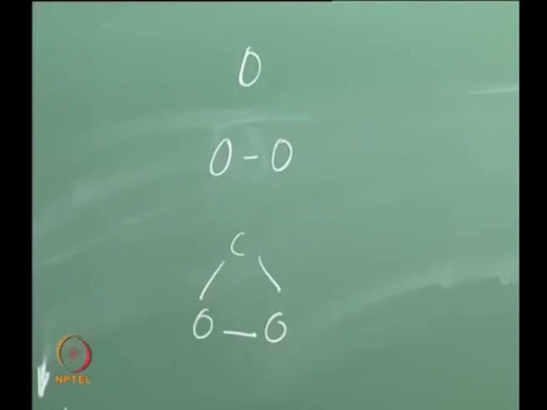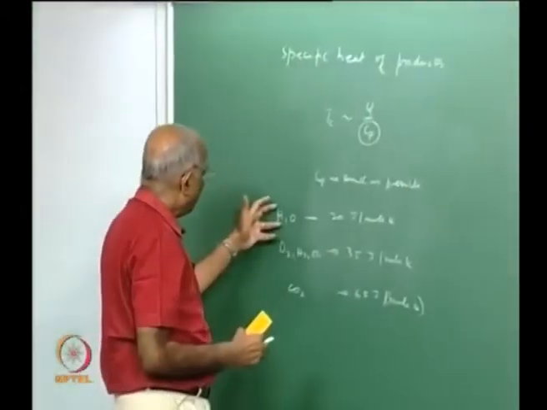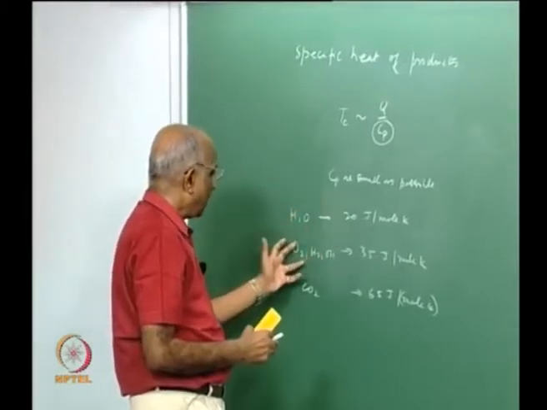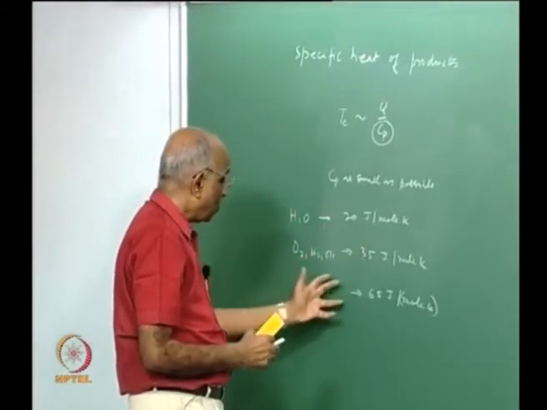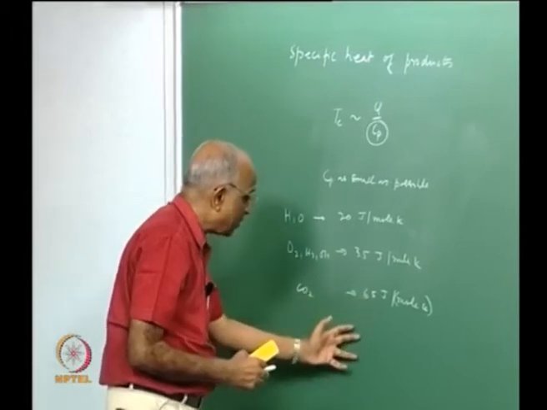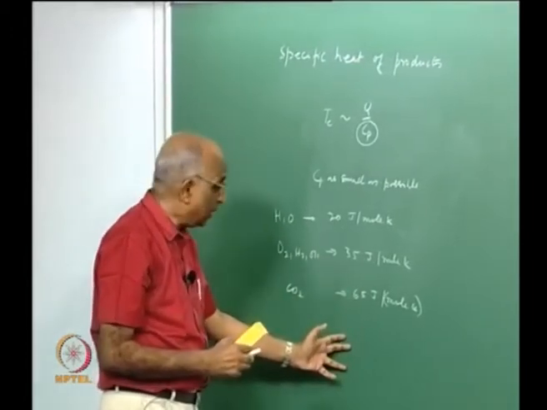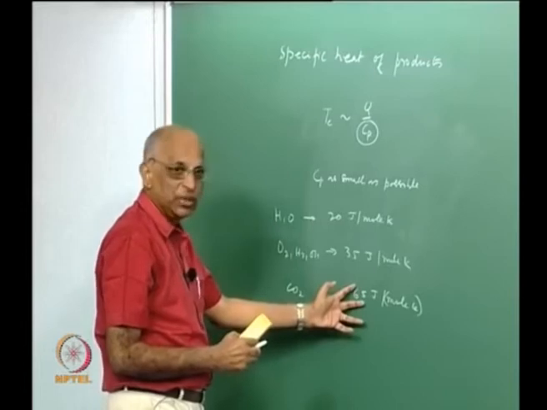Therefore, monatomic has the lowest, diatomic has a higher value, triatomic has a still higher value, and as I go on, the specific heat keeps increasing.